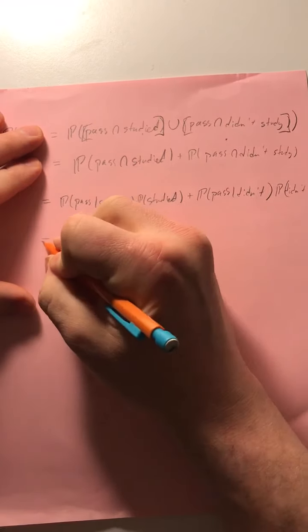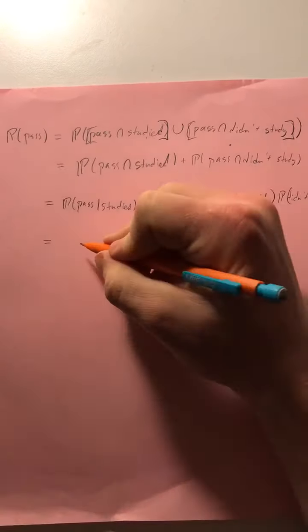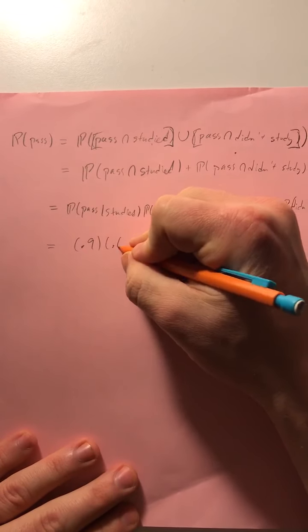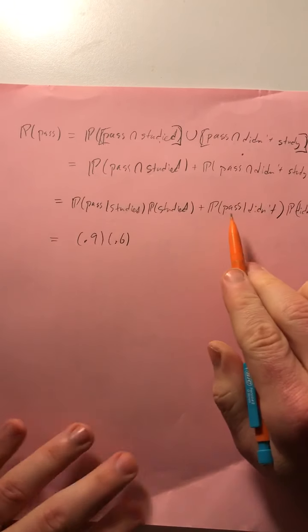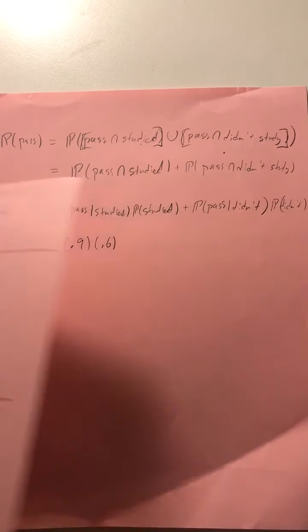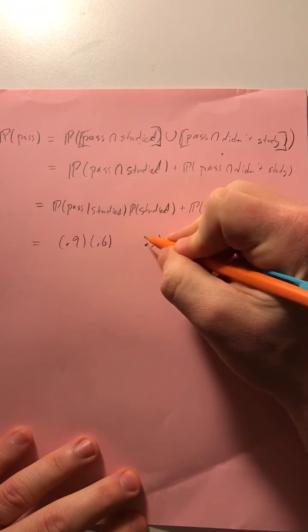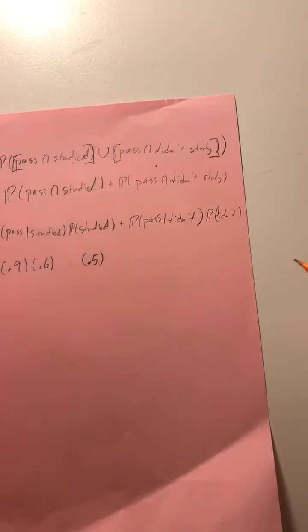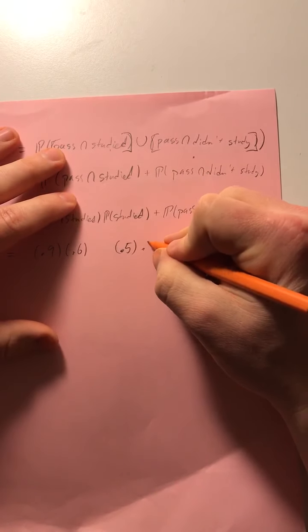And I know all four of these numbers. The probability that you passed given that you studied is 0.9. The probability that you studied is 0.6. The probability that you passed given that you didn't study was given as 0.5. And the probability that you didn't study is 1 minus 0.6, so 0.4.